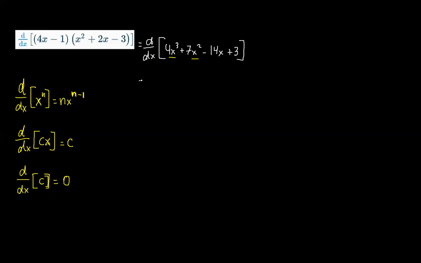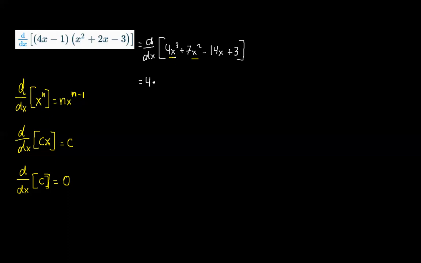Okay, so let's now differentiate this expanded form of the given function. Here we have 4x cubed. As you can see, this x has an exponent of 3, so we're going to use the power rule of differentiation. In terms of the coefficient, which is 4, we are not going to touch it yet; leave it for a moment.